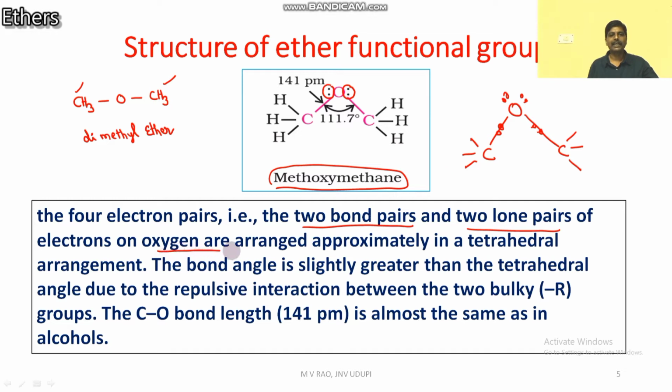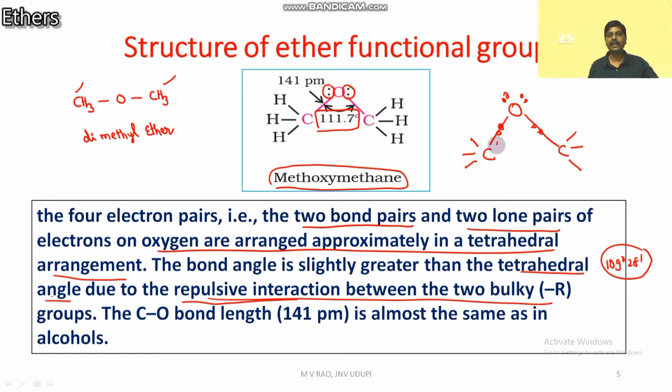The 4 electron pairs on oxygen are arranged approximately in a tetrahedral arrangement. The bond angle is slightly greater than the tetrahedral angle. What is tetrahedral angle? 109 degrees 28 minutes. This is tetrahedral angle. But in ethers this is slightly greater than tetrahedral angle, 111.7 degrees, because of repulsive interaction between two bulky alkyl groups.